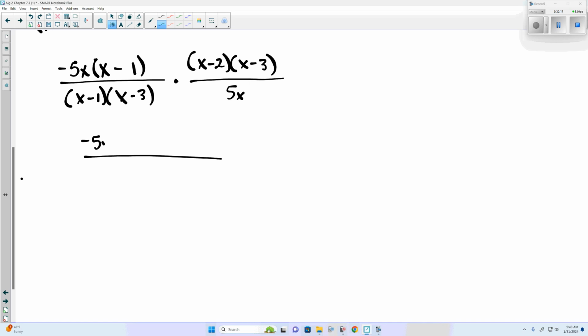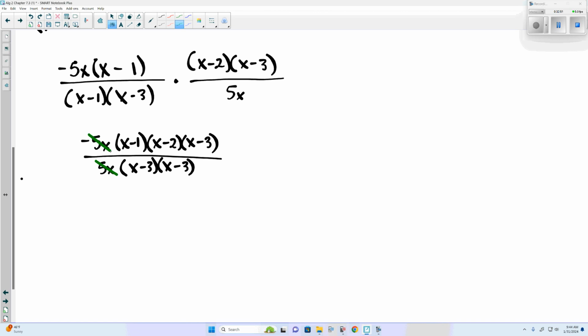So what we have when we multiply these is we will have the 5x times x minus 1, but we're also multiplying it with x minus 2 and x minus 3, the denominator. We'll have the 5x, but we're multiplying it with x minus 1 and x minus 3. What's in common? 5x and 5x.